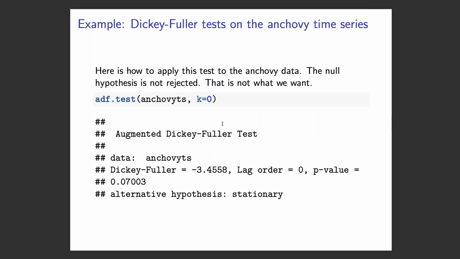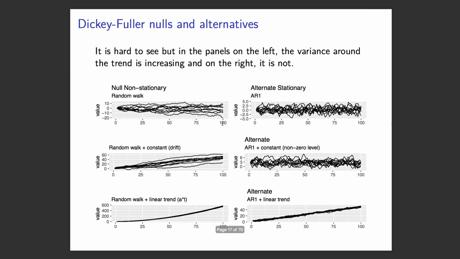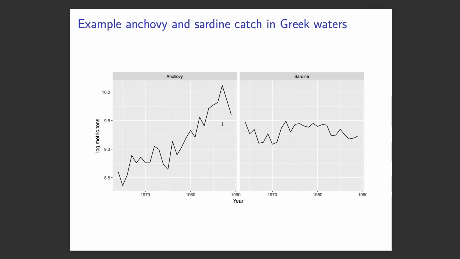So let's look at this for that anchovy data. One thing to know about this test is that it always includes the constant and the trend. So it's okay that our anchovy data are going upward. That's not a problem here.